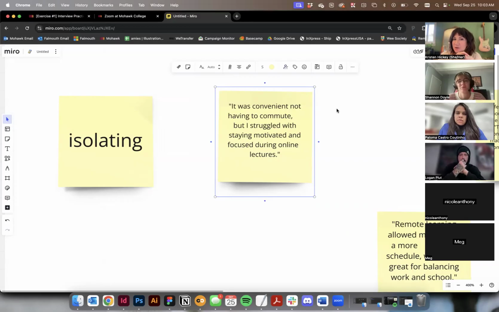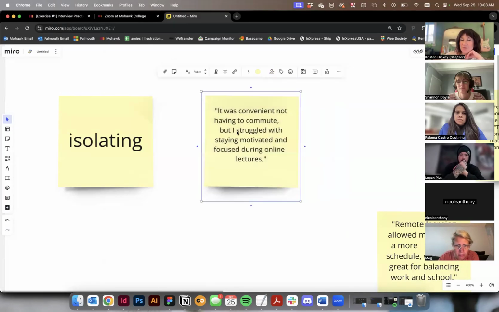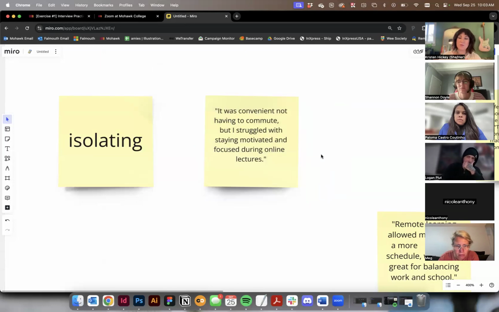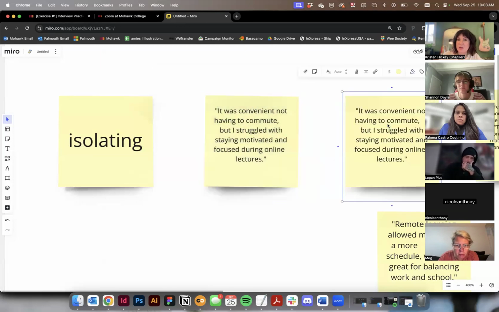The reason why it's a trick one, you did get it, but here is one answer where we actually have 2 data points, because they're saying 2 sides of the coin. What they're saying is it was convenient, but they also struggled to stay motivated and focused. So in this instance, I would take this one and break it into 2.